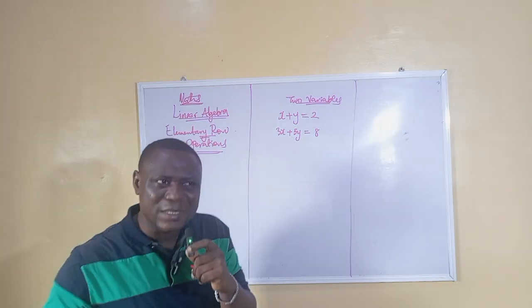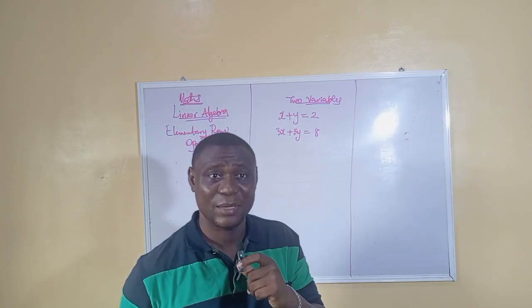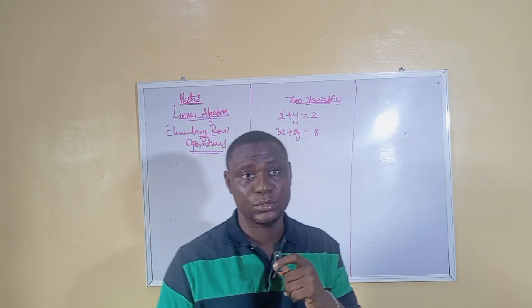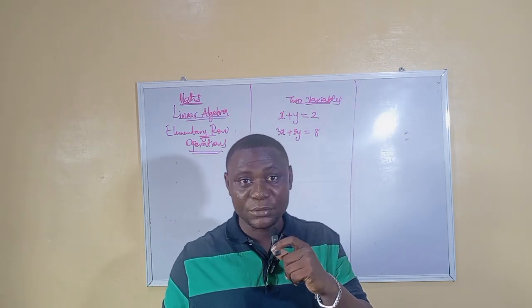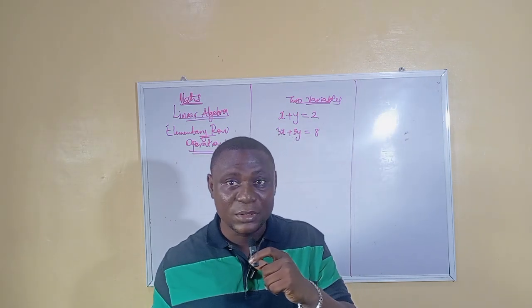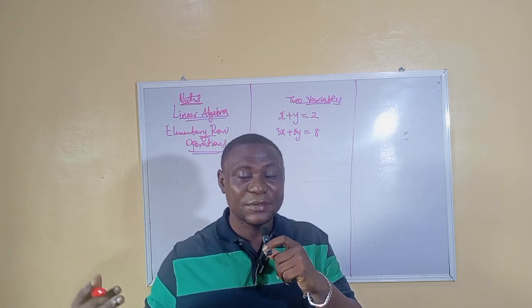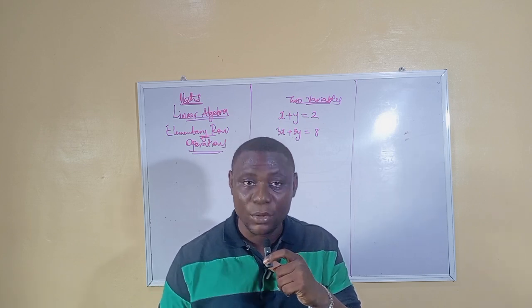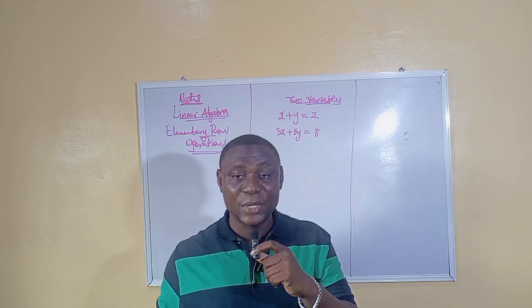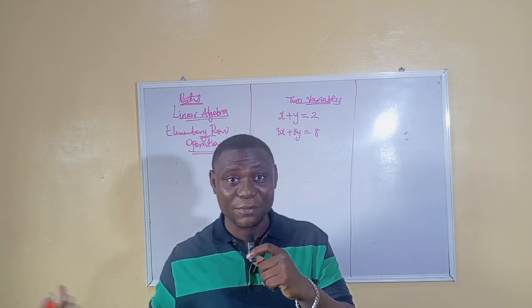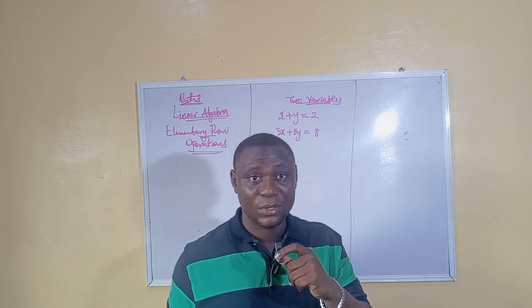What if we have a system with five variables? That is when all your favorite Cramer's rule and the inverse method will fail. Have you ever tried to use the inverse method to solve a 5 by 5 matrix before?